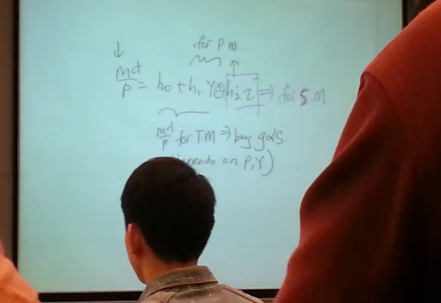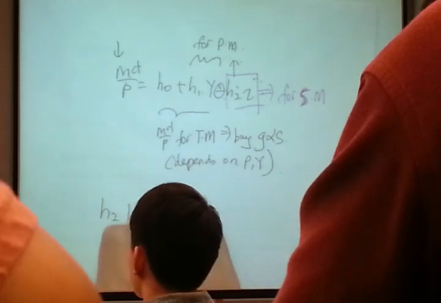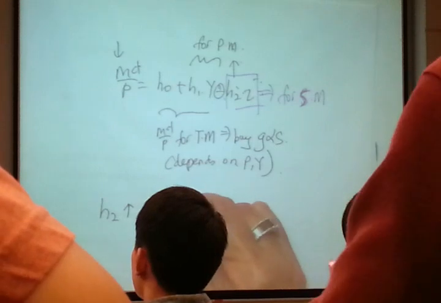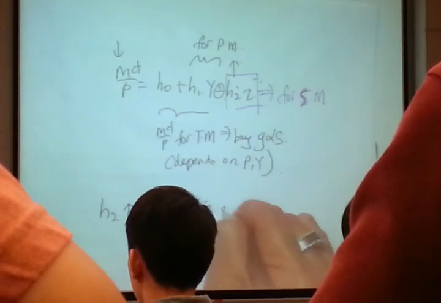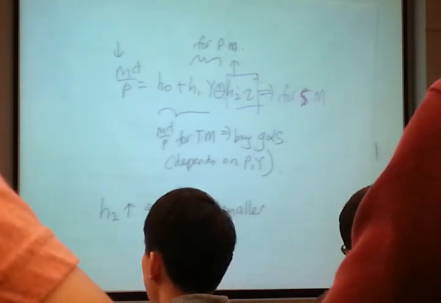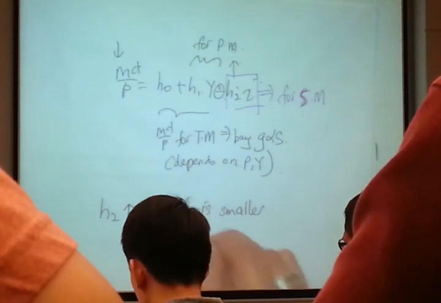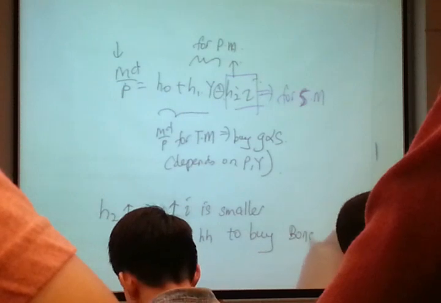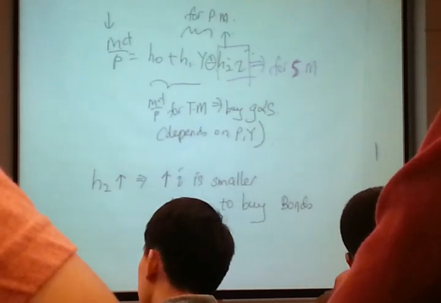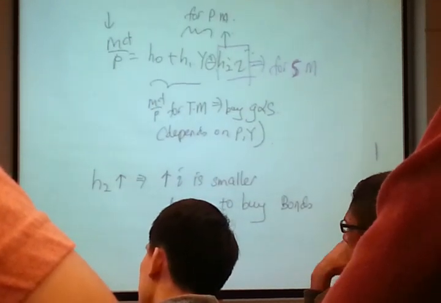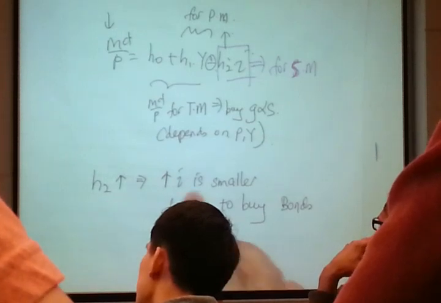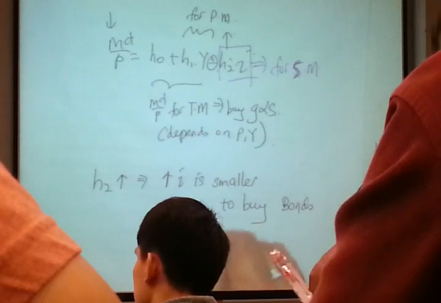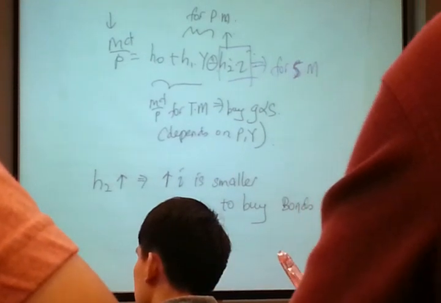So if H2 goes up, that tells you an increase in interest rate will be smaller for household to buy bonds. Interest rate goes up, you buy bonds. If you are very sensitive to interest rate, you just give me a smaller interest rate and therefore money demand drops.